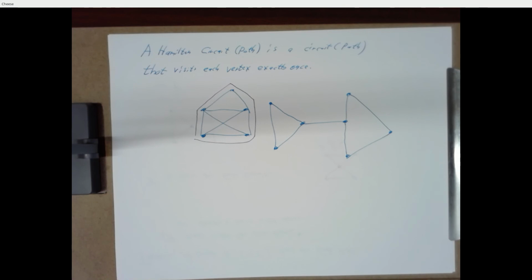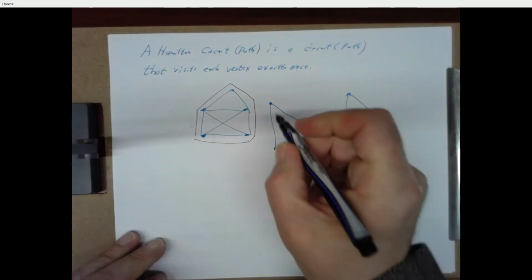Wait, so you can skip edges, right? You have to travel along an edge. You're not required to touch every edge though. Yeah. But it has to be a path. And it just has to touch every vertex? Oh yeah, okay, so that's good. That does work. What works, the path and not the circuit? Yeah, so we can do that.